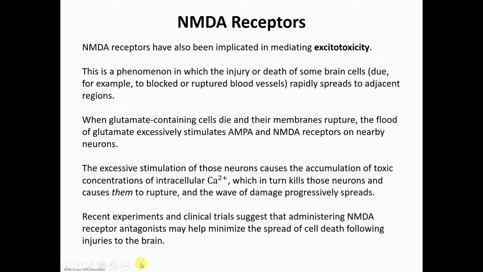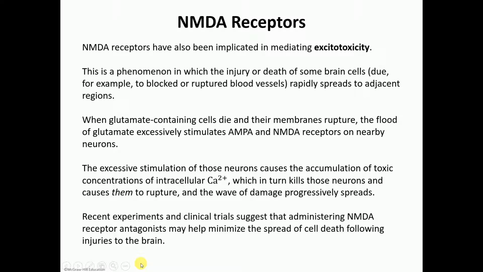So NMDA receptors are good, except for the fact that they mediate something known as excitotoxicity. Excitotoxicity means that if somebody gets a stroke, a brain stroke that led to death of certain brain cells, now those dead brain cells are going to release everything that's in those cells, including glutamate.